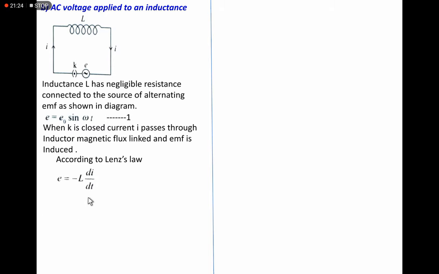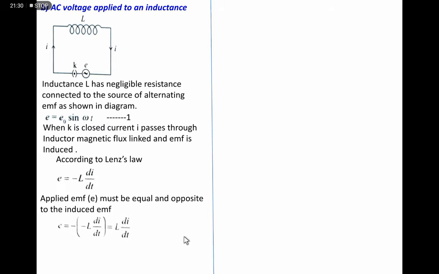If we use this in Lenz's law, we'll get the equation E is equal to L di by dt. Remember, the EMF induced in the coil is the back EMF, and using it in Lenz's law, therefore we'll get L di by dt.